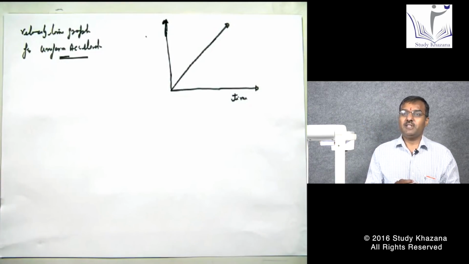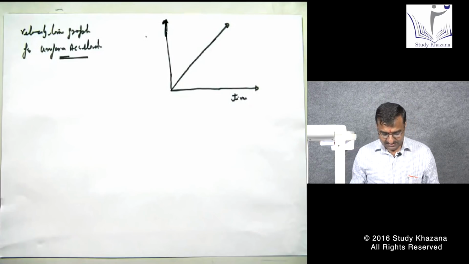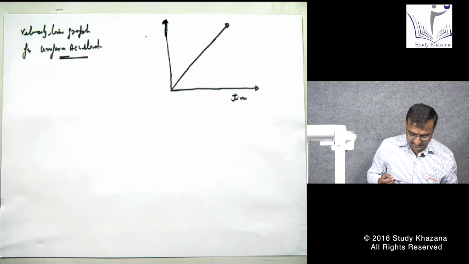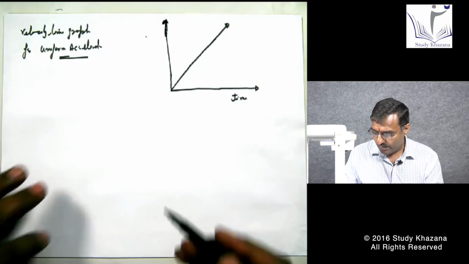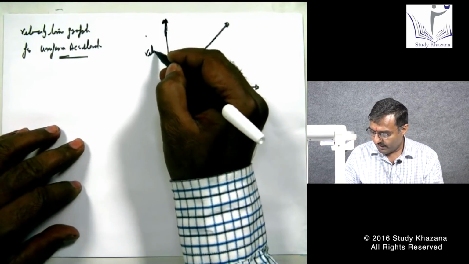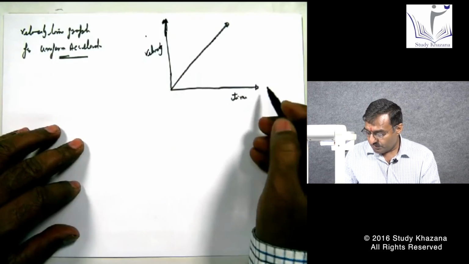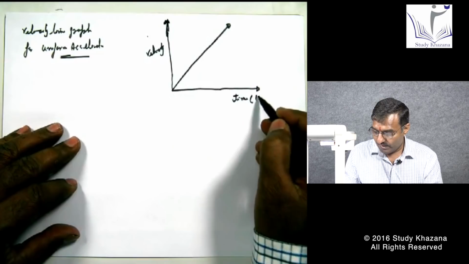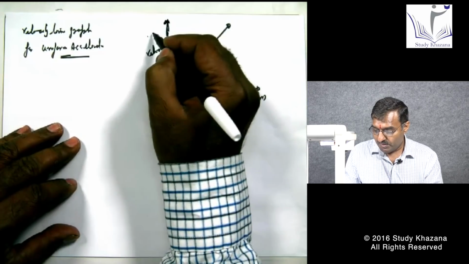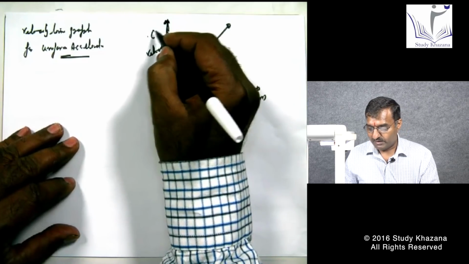What does it mean? Uniform acceleration means the velocity is changing with time. So here this is your velocity and time. Time I can take in hours, and velocity in meter or kilometer per hour.